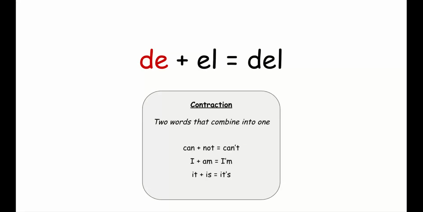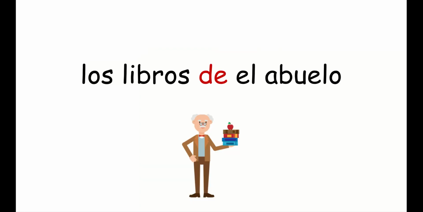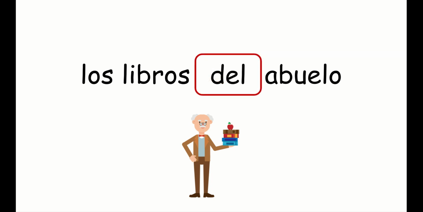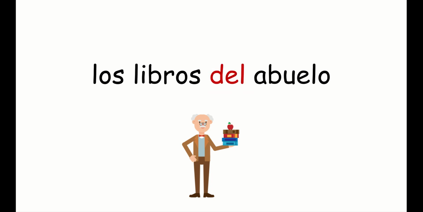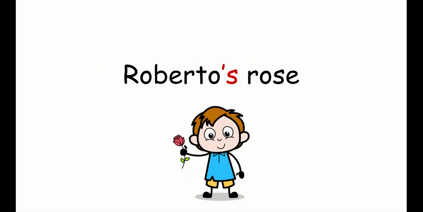So it's the same thing in Spanish, where de and el always turn into del. Okay, so if we go back to our example here, we've got los libros de el abuelo. We need to rewrite this and get rid of de and el and replace it with just del. So now we've got los libros del abuelo, and we know that los libros belong to el abuelo. Los libros del abuelo, grandpa's books.